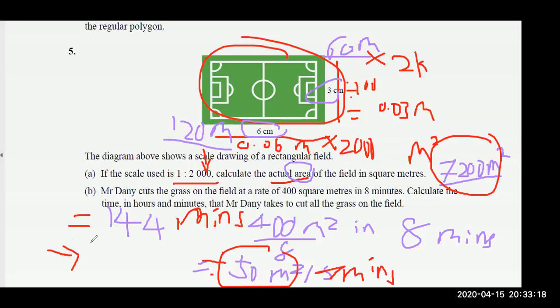So it's 2 hours, and what? 2 hours is 120, then this one is 24. Yeah, so it's 2 hours and 24 minutes. Correct. Then it's no problem. We move to the next example.